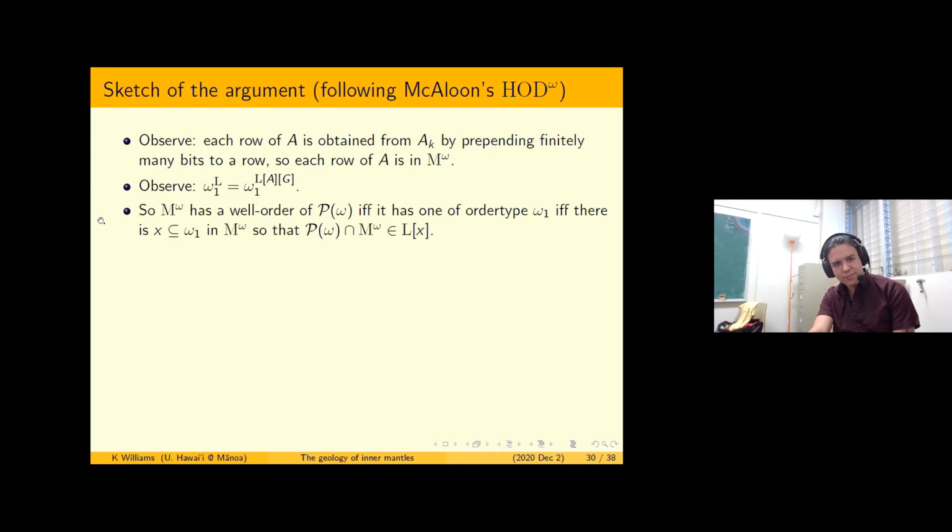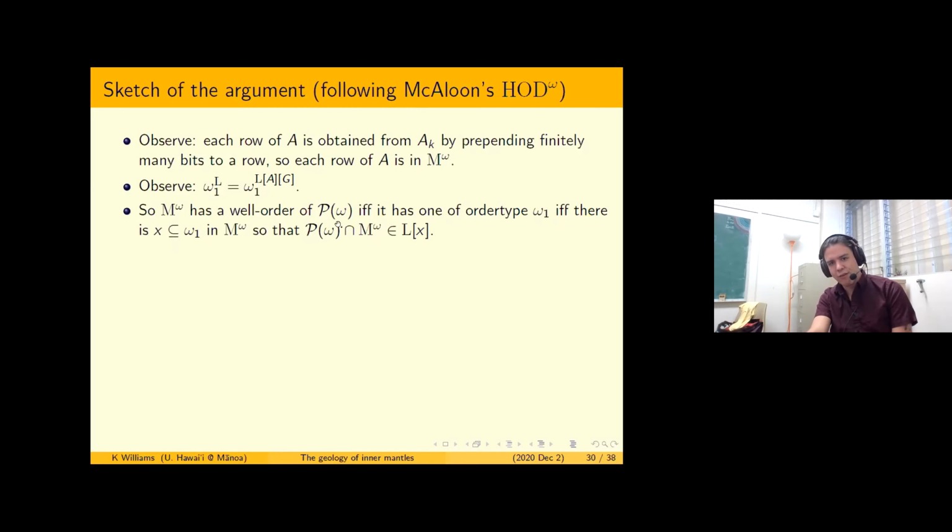Okay. And so this tells us then, if we have a well order of the power set of omega, it's got to have one of order type omega_1. Because the extension didn't blow up the power set of omega to be larger. And this is going to happen if and only if there's some subset of omega_1 which constructs the whole power set.